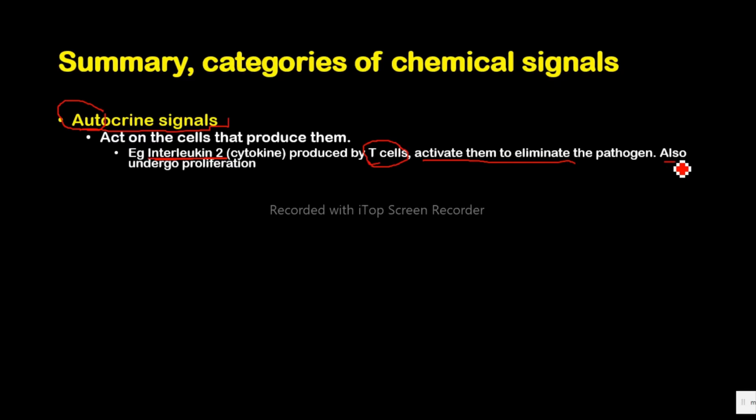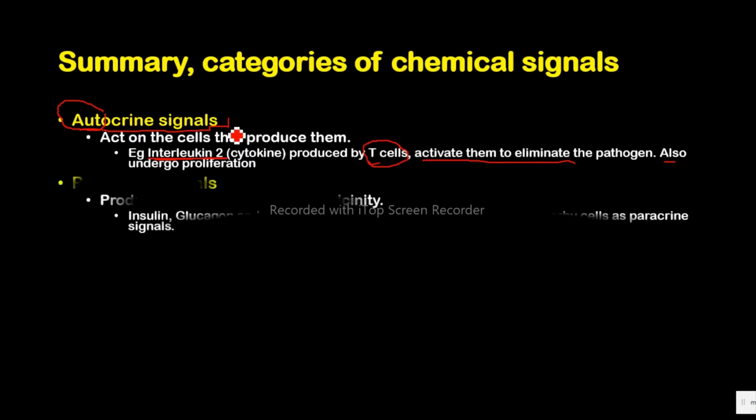So you produce very many cells to activate the response that is going to be given towards that foreign body. So this interleukin, therefore, is an example of an autocrine signal: produced by a cell, but it has an effect on that very cell that has produced it.